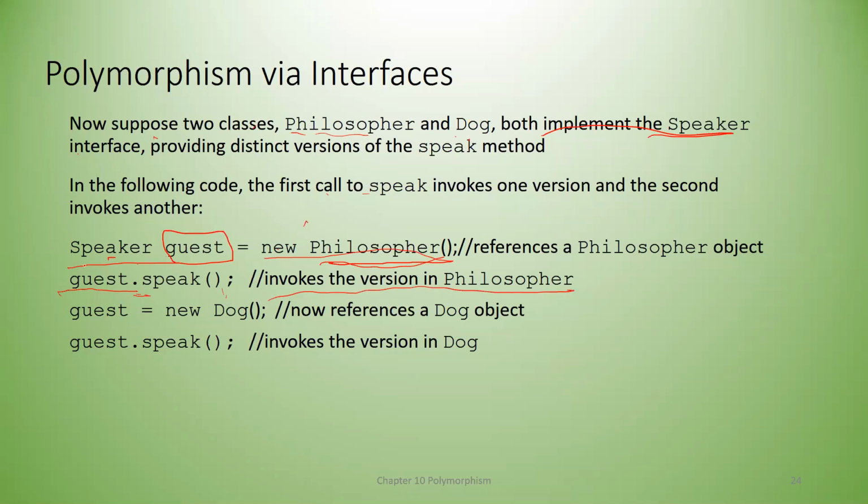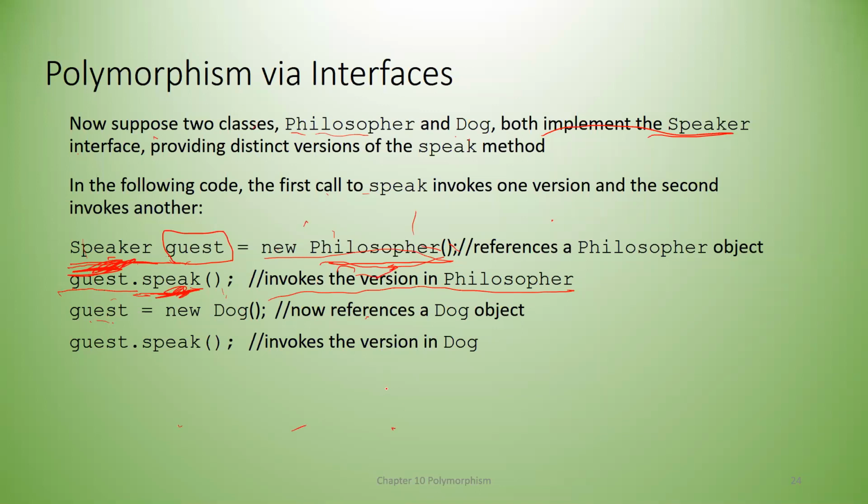Okay, once again, at compile time, it will look for the speak method in speaker, the reference type. At runtime, it will look for the body of philosopher because guest points to a philosopher object. Okay. And then you are having the speaker reference to point to, it's like you have this speaker reference.